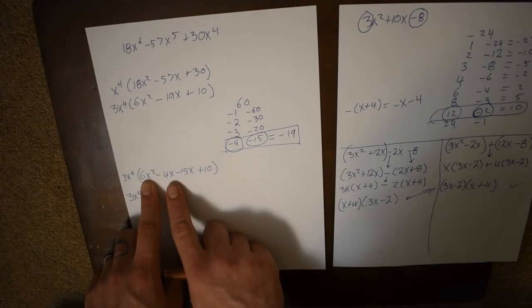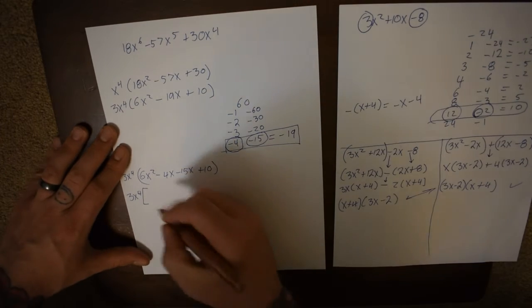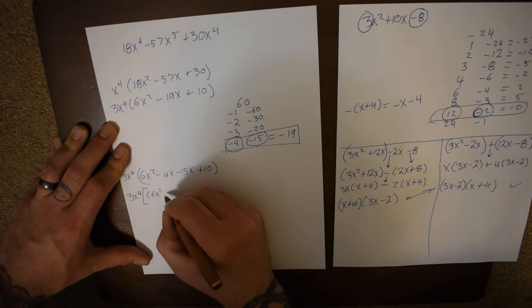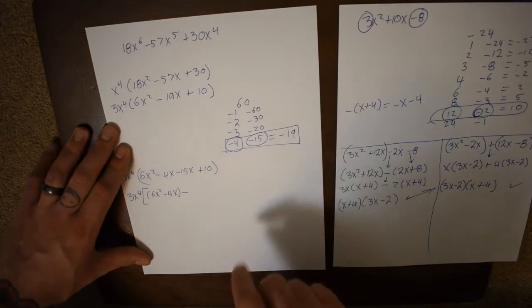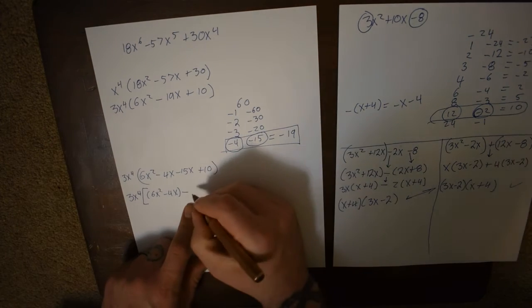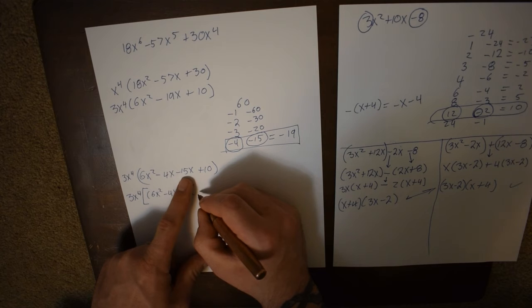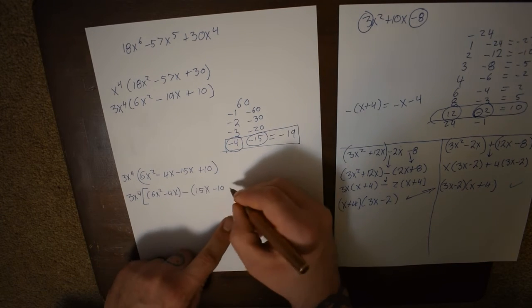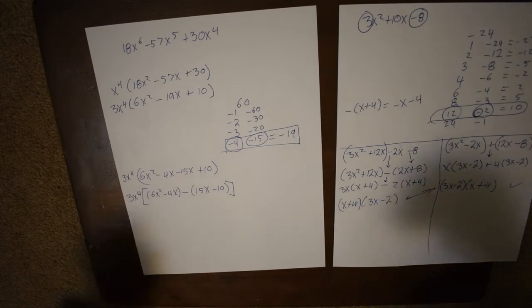And I'm going to put parentheses around the first two terms. So I'll get a parenthesis, 6x squared minus 4x. And now we're going to subtract. We want to subtract a positive 15x and a negative 10. And close that square bracket.